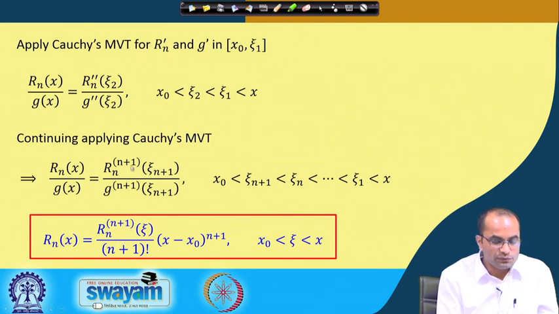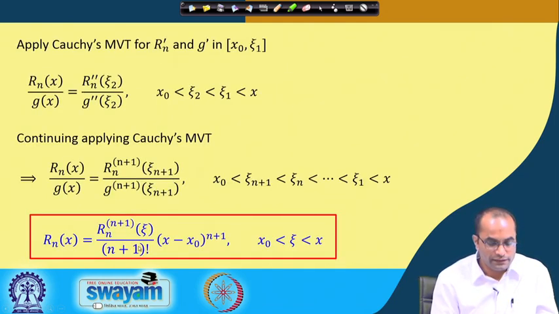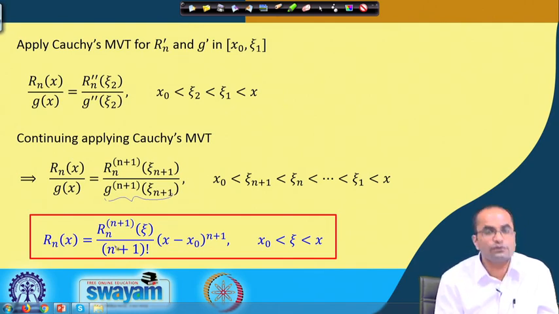R_n(x) is equal to this R_n, the (n+1)th derivative, divided by this g, the (n+1)th derivative, which was the factorial (n+1).